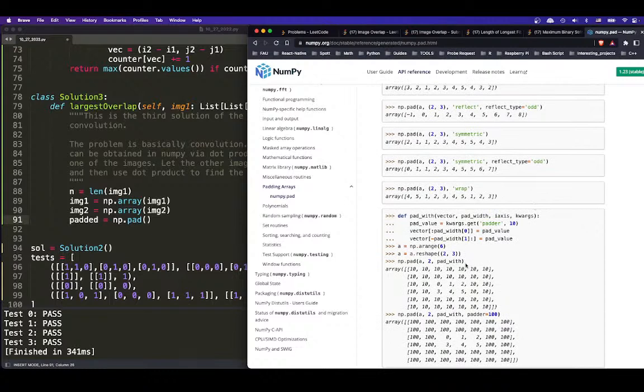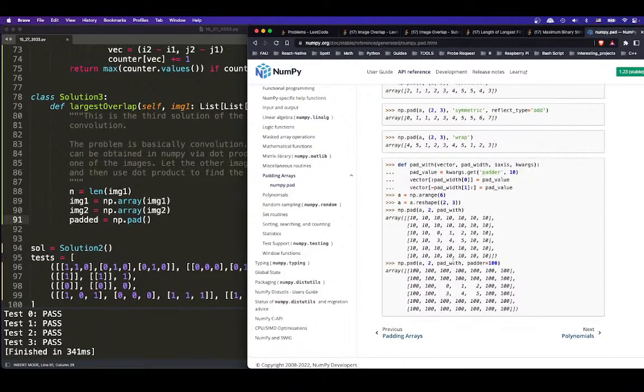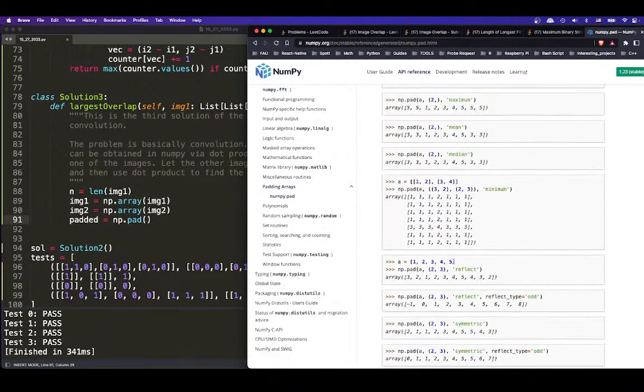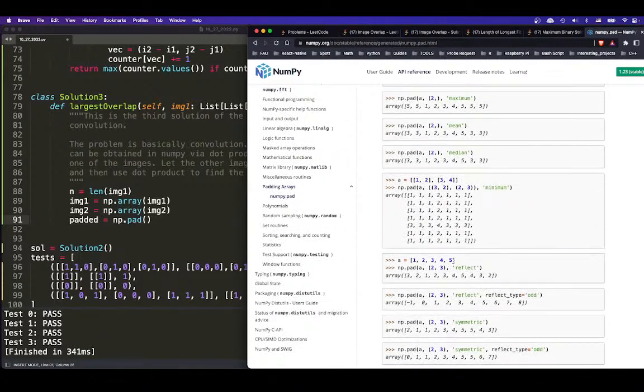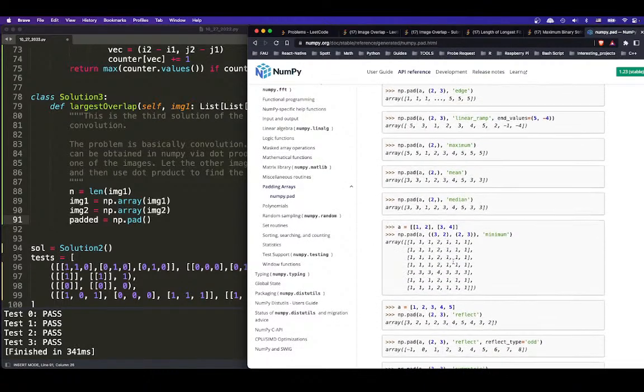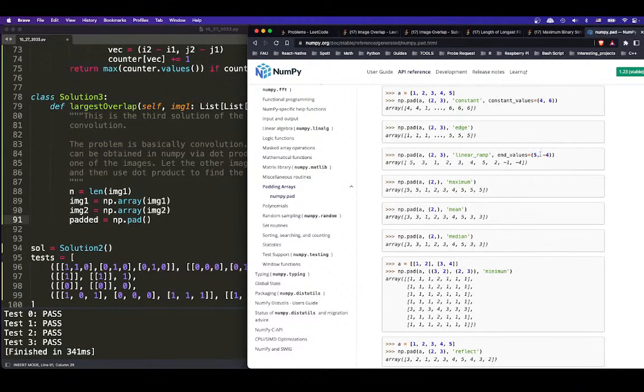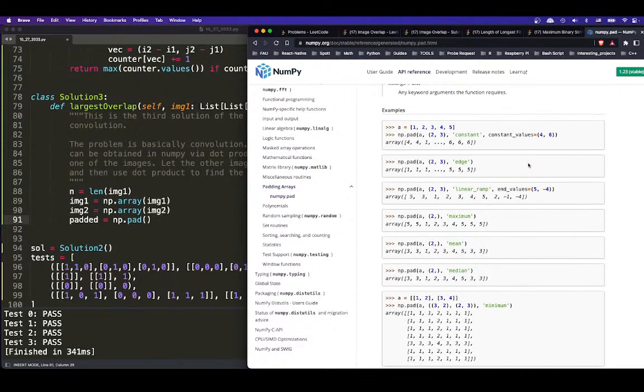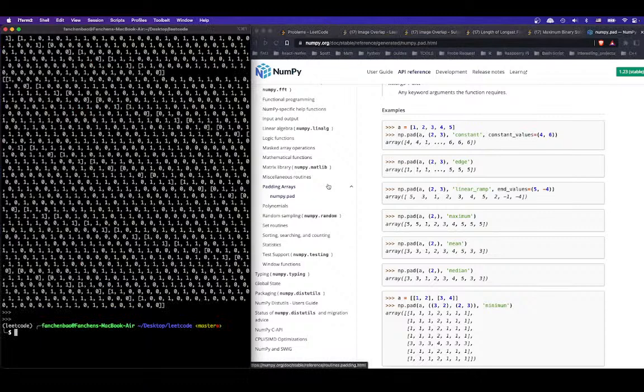That's what we need, right? A2 pad width. So I think I just need one value. Median, maximum, and value. Linear ramp. Constant value, which is at this side and this side. You know what? We need to play around with this.